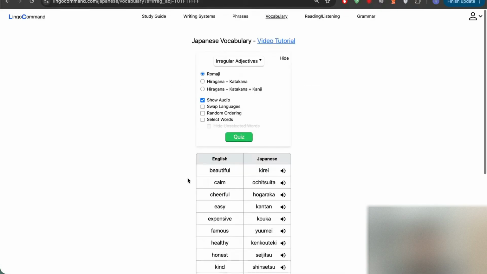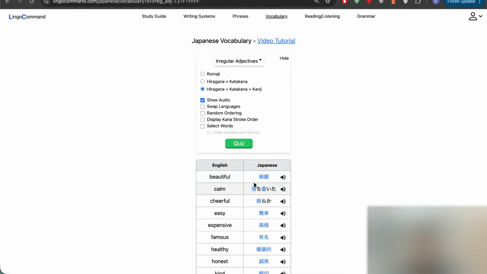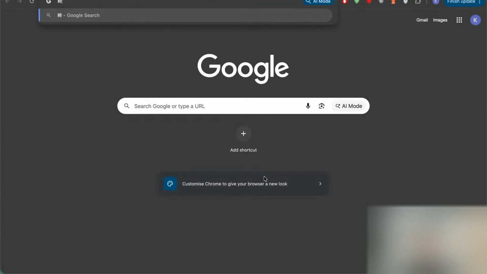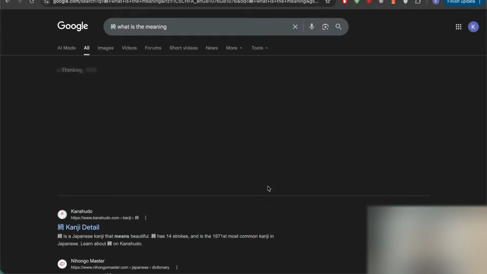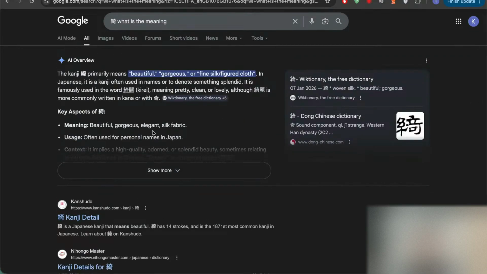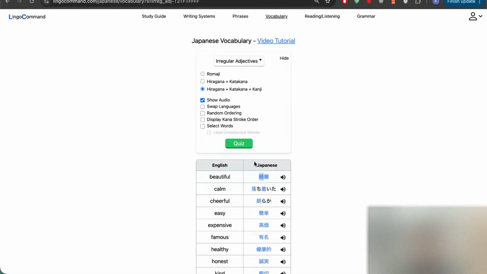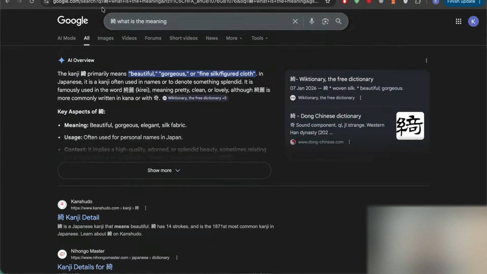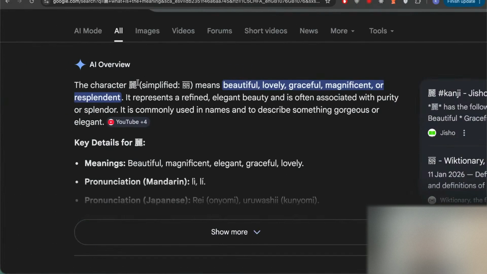You can even look at the individual kanji and see what they mean. So if we go to irregular adjectives, kire. Let's take the first kanji and put it in Google, what is the meaning? So it means beautiful, gorgeous, okay? And then the second kanji, which is rei, also means beautiful. So it's just beautiful twice.